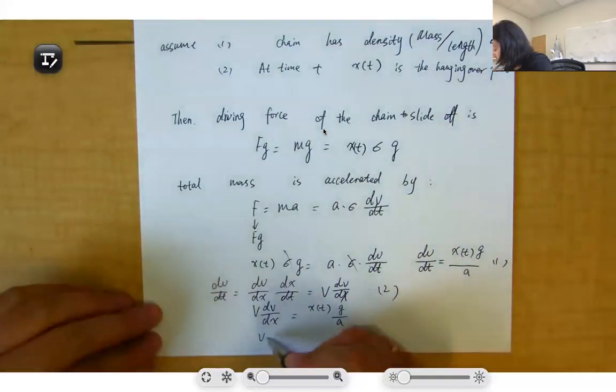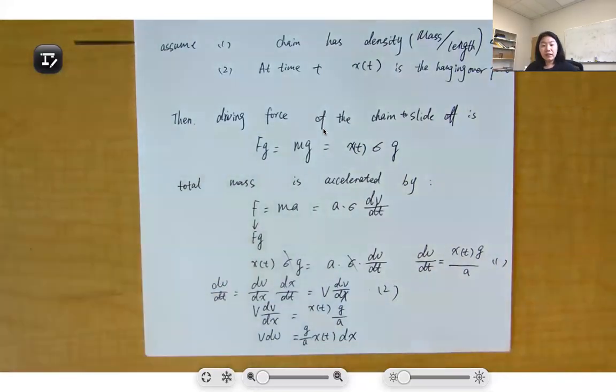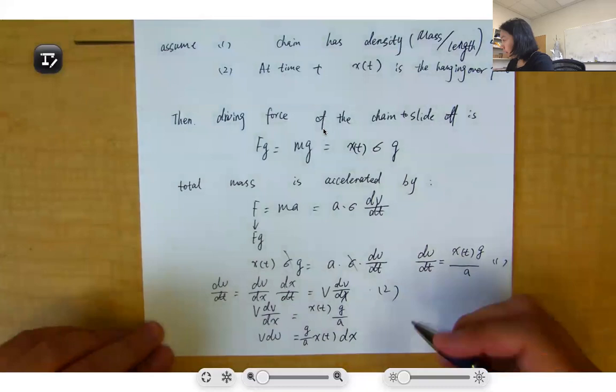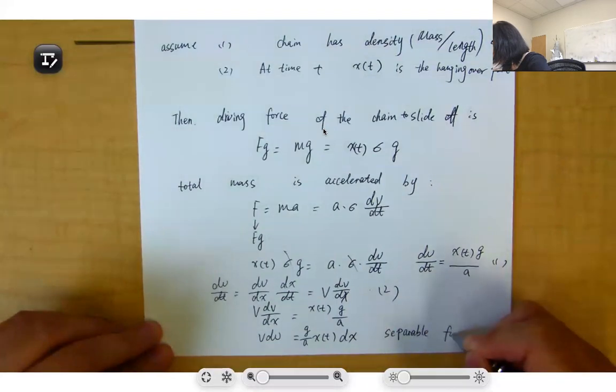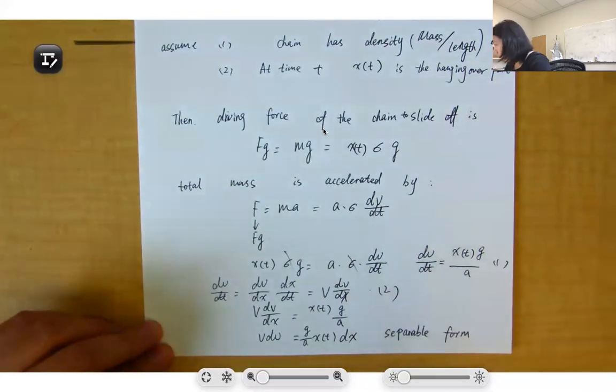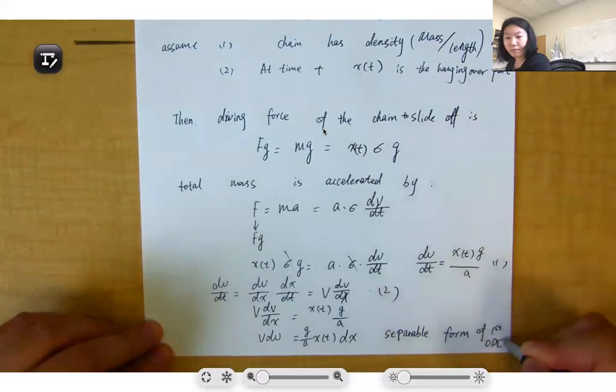So v dv equals x(t), and we know that g over A is constant, dx. So this is our first form of the differential equations. The first order differential equation is called separable form of first order ODE. Okay.